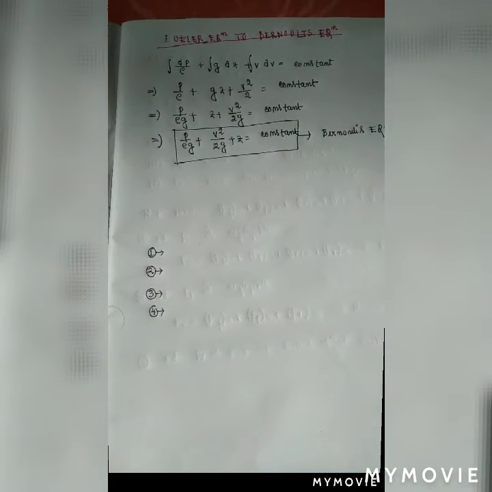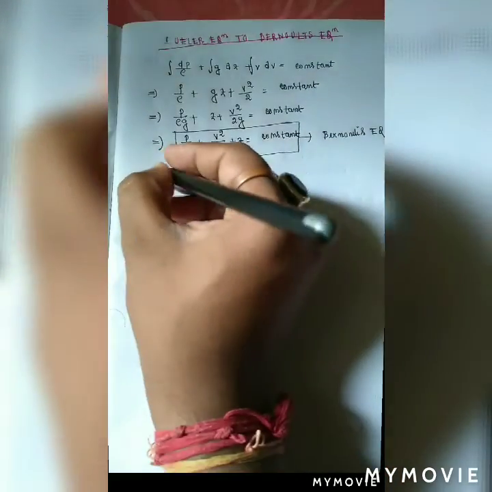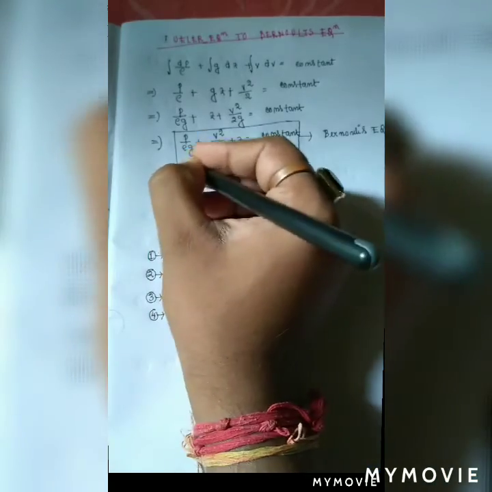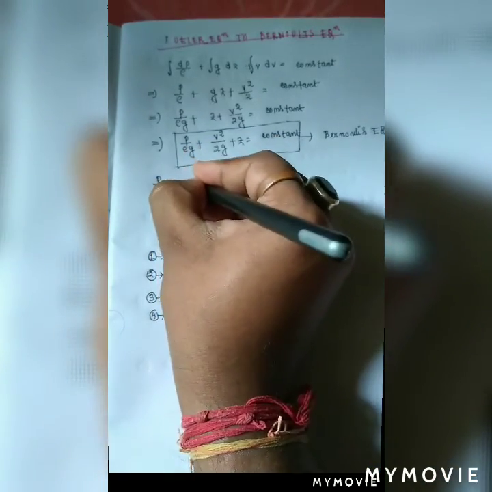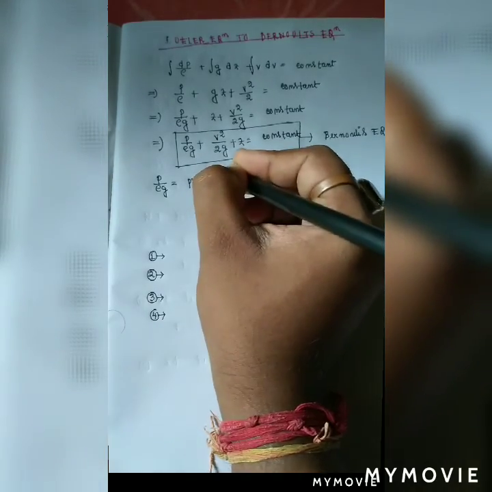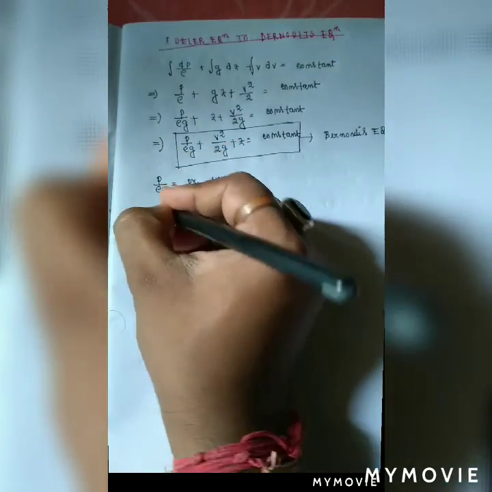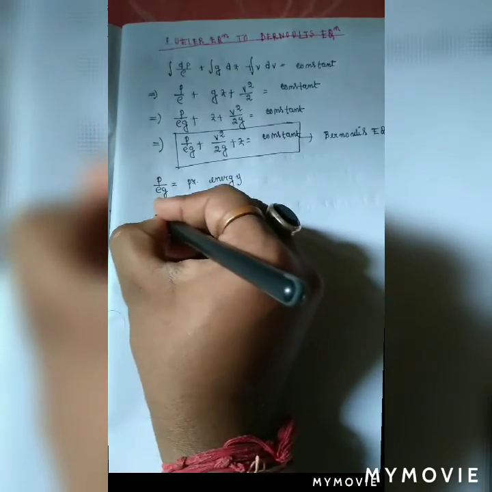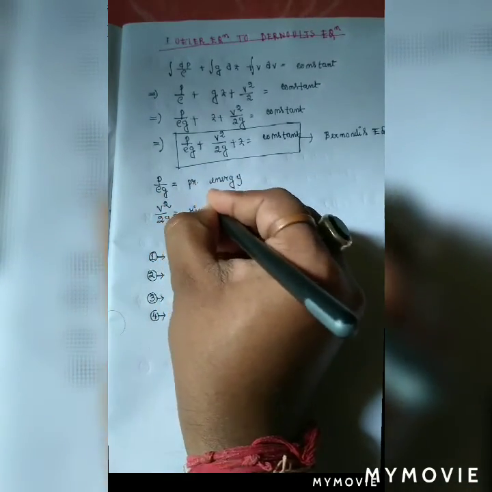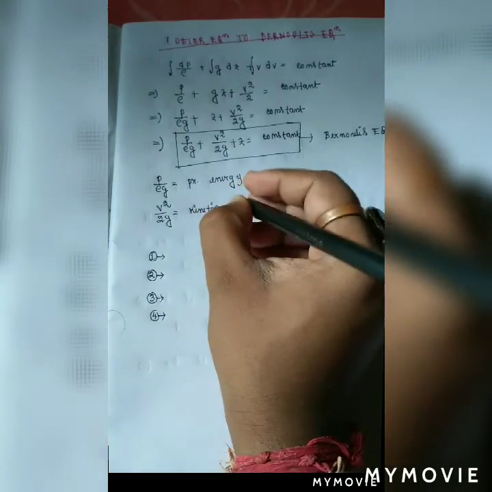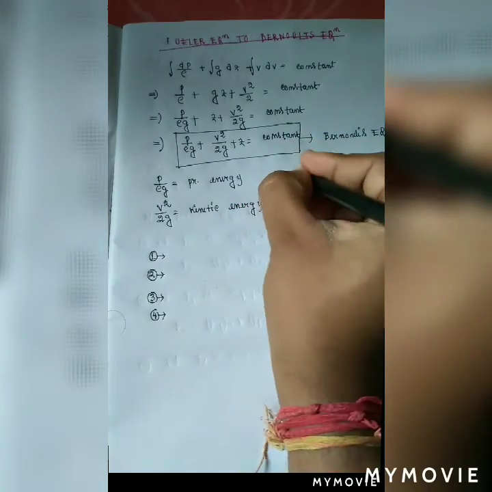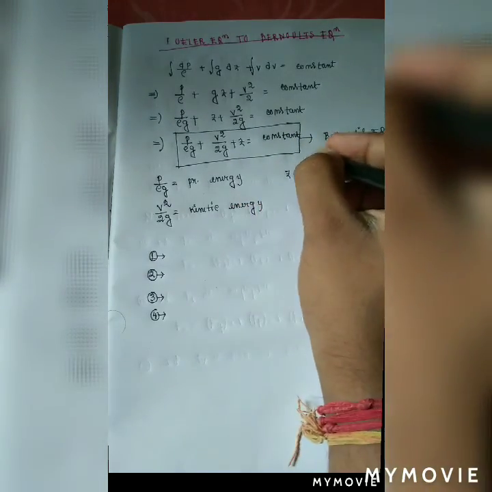Now what is p by rho g, what is v square by 2g and what is z? p by rho g is the pressure head, and v square by 2g is the velocity head. Z is the datum head or potential head.